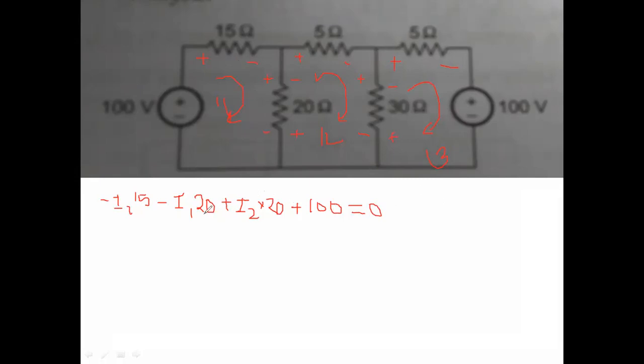In the previous example, I told that minus 20 into (I1 minus I2). By simplifying, we get minus 20 I1 plus 20 I2.